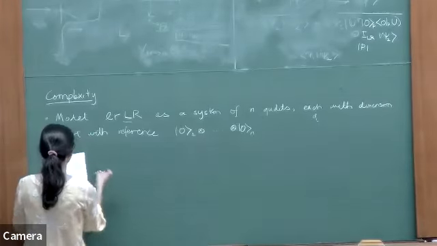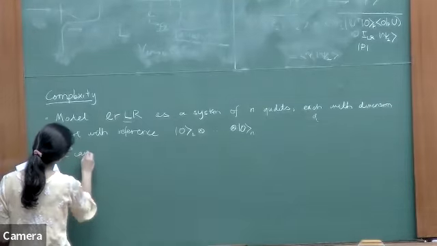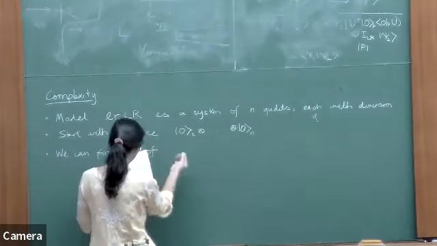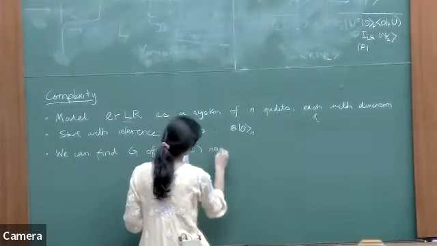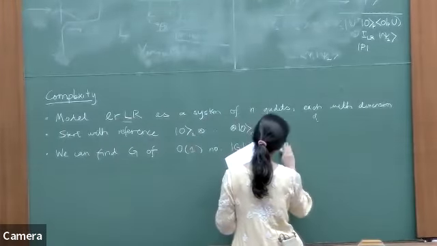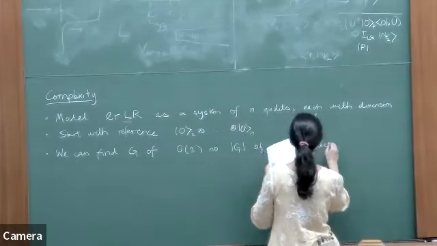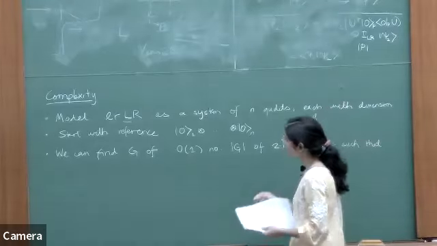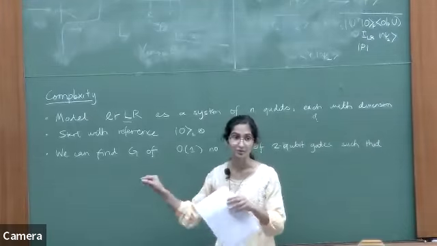One thing that's true is that we can find some set G of 1 or 2 qubit gates, of some order 1 number, such that any state in your Hilbert space can be constructed by acting with such gates on all possible pairs of qubits.